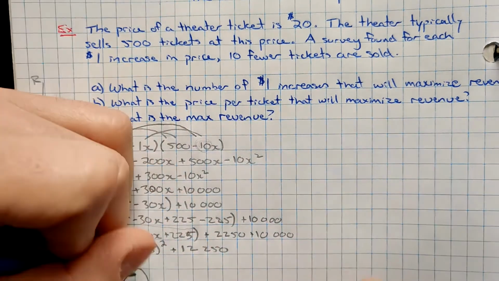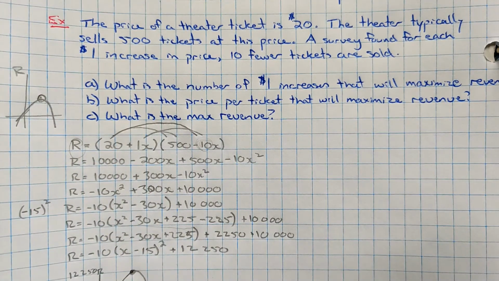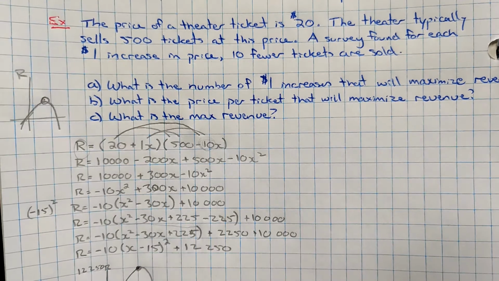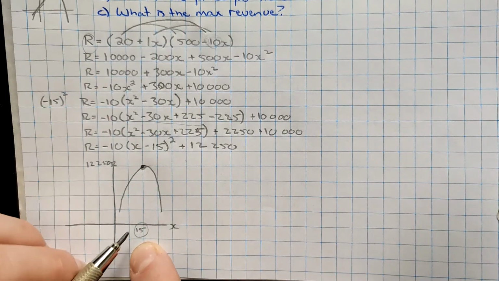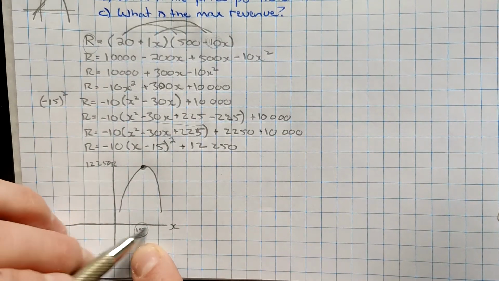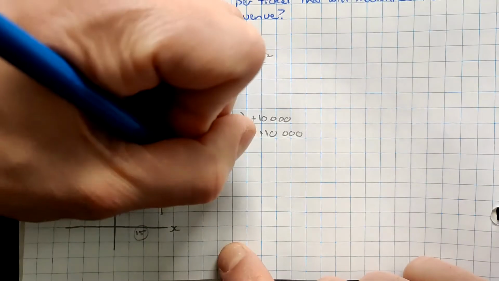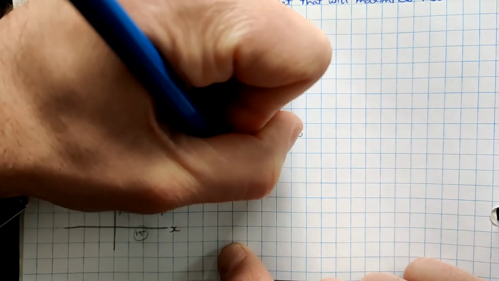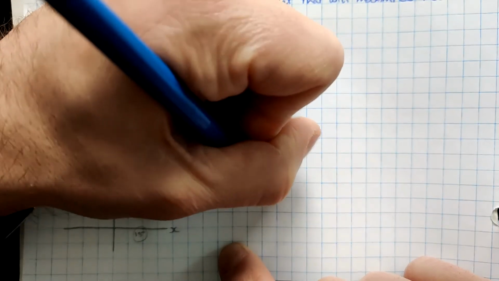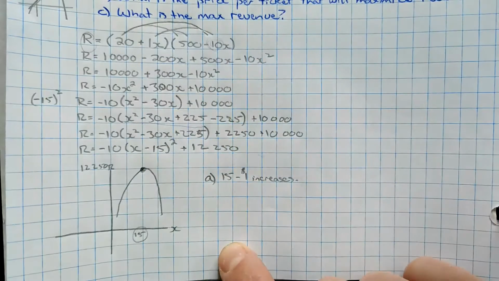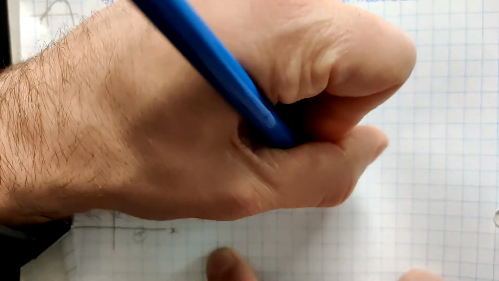But up here at our vertex, 15 is our X. How many $1 increases? 15 $1 increases, because that's our X value, will produce that revenue. So for A, 15 $1 increases will maximize revenue.